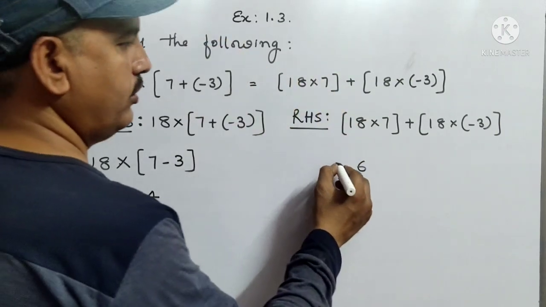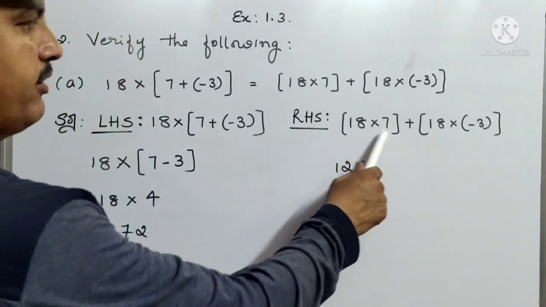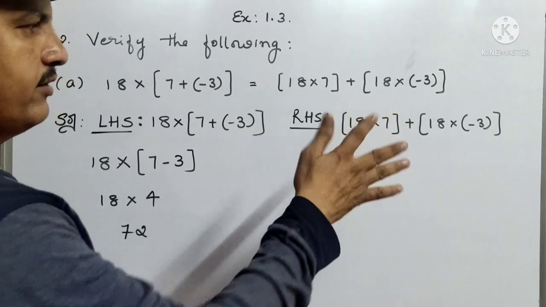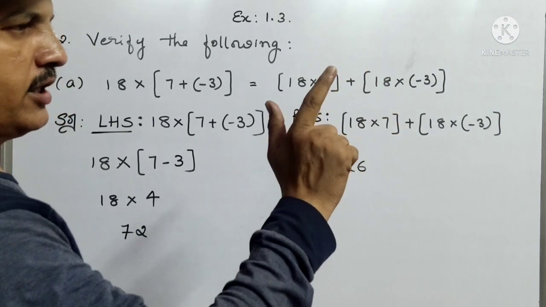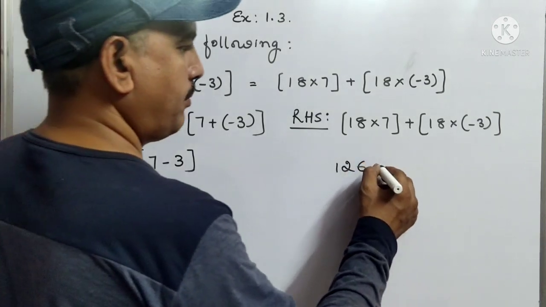So 126. Check it once: 7 8s are 56, 5 left, 7 1s are 7, 7 plus 5 is 12. So 126.